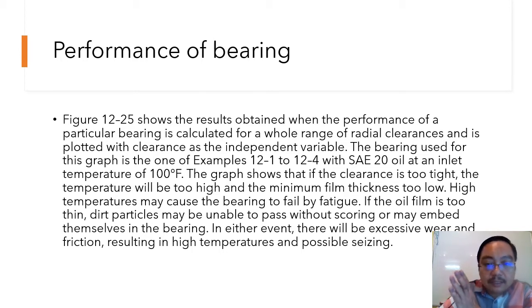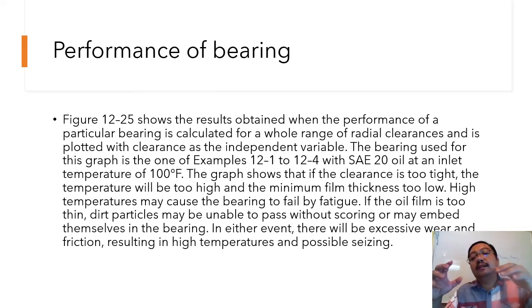If it cannot pass, it will accumulate until in the end the journal will become jammed. This is what we don't want. Okay, in either event there will be excessive wear and friction resulting in high temperature and possibly seizing, meaning that the journal becomes stuck, becomes jammed. It cannot function. This is what we want to avoid. So this happens if the clearance is too small.